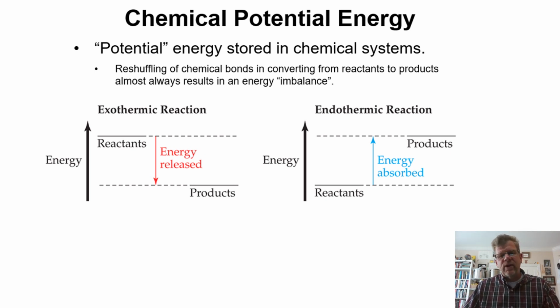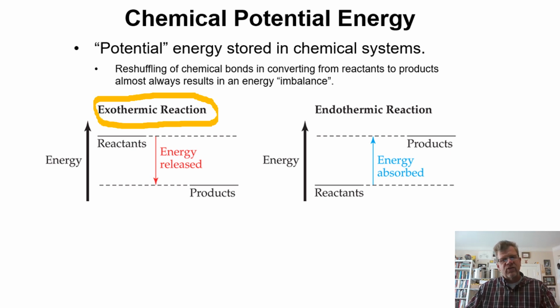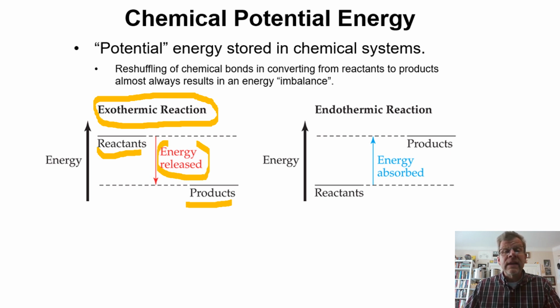Notice what happens here, and I'm going to spell this out as an exothermic reaction. How could we express an exothermic reaction? Well, it would be one in which the internal energy or the potential energy of the reactants is greater than that of the products. It just is. And once we get finished reshuffling those chemical bonds, we have extra energy, which must be released.